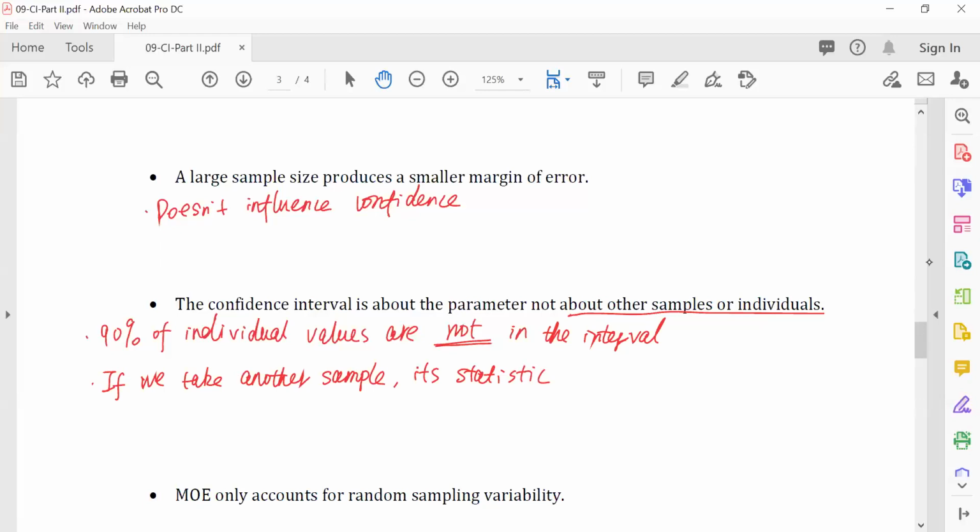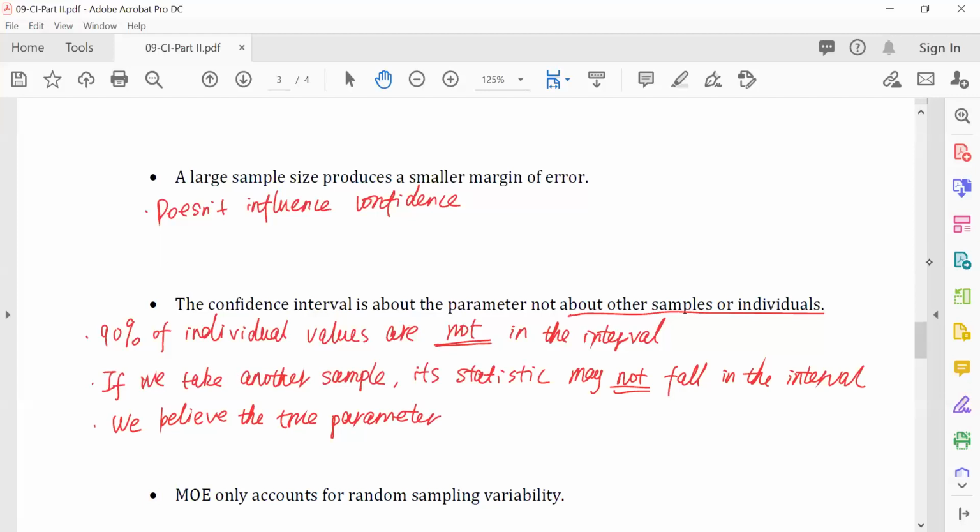So its statistic may not fall in the interval. What we are trying to say is we believe the true parameter is in the interval most of the time.